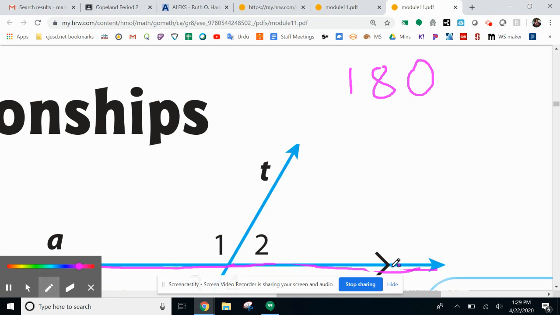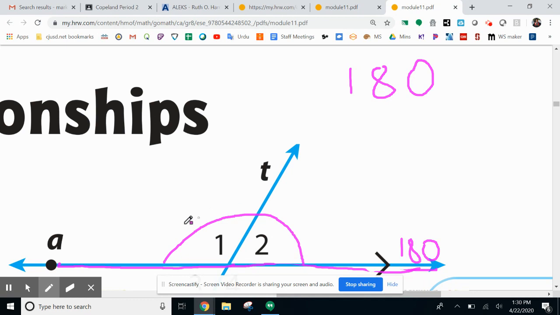So if this angle measurement is 180 degrees, because every straight line is always equal to 180 degrees, then that means angle 1 and angle 2 together make one big purple angle, make this one purple straight line. It is 180 degrees. So then that means that angle 1, this half, and angle 2 on this half, these two together must make 180.